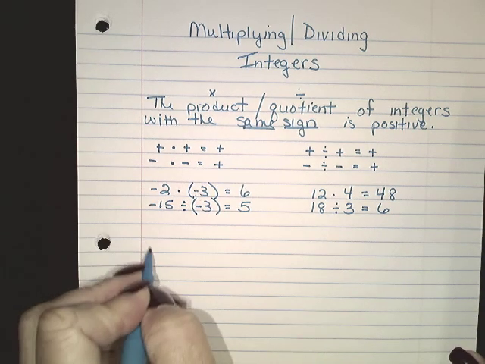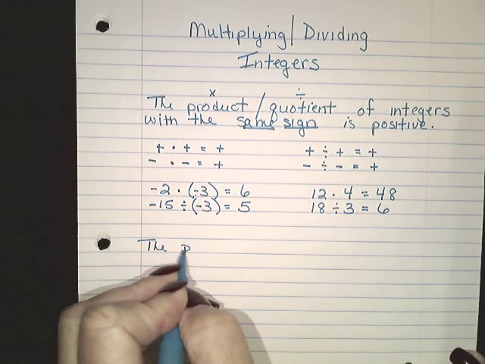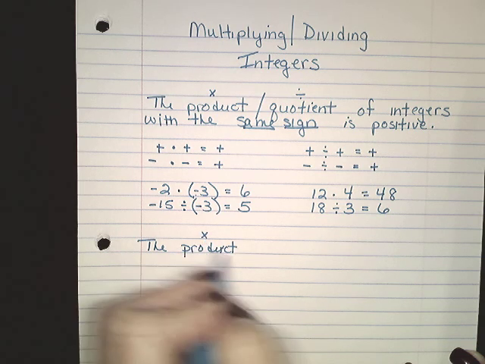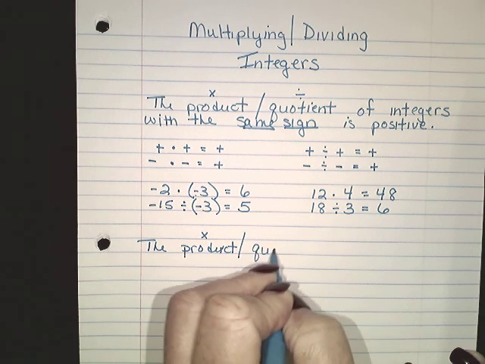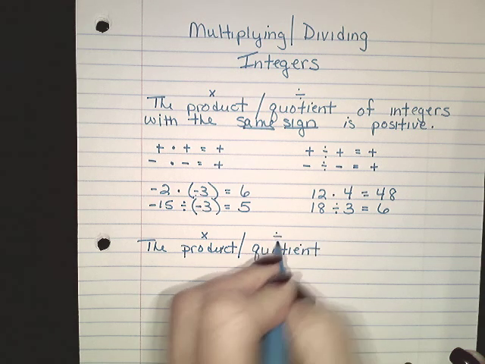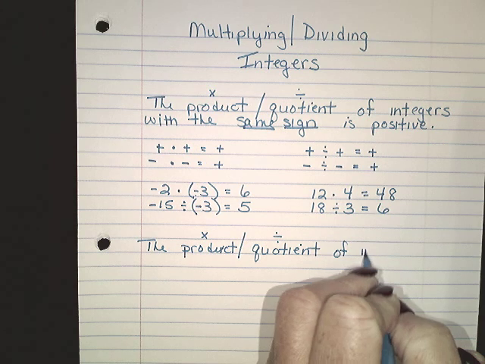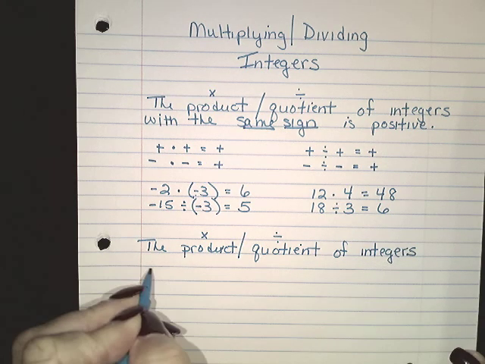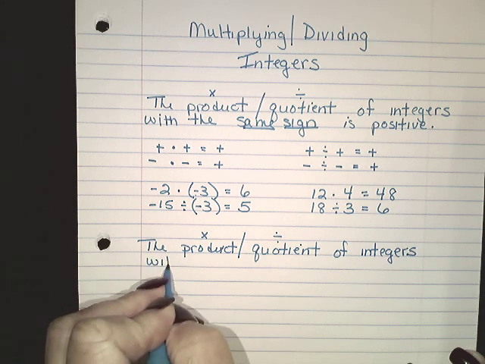Okay, the second part of this, the product, again, is multiplication, or the quotient, division, of integers with unlike signs.